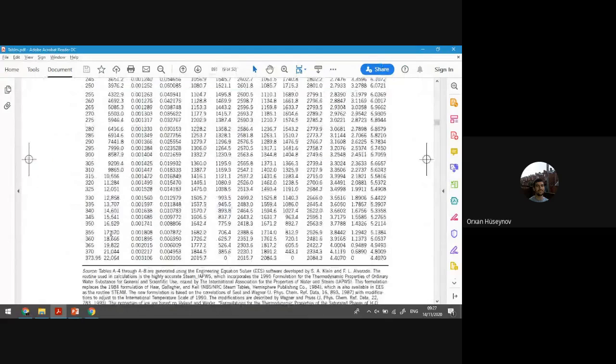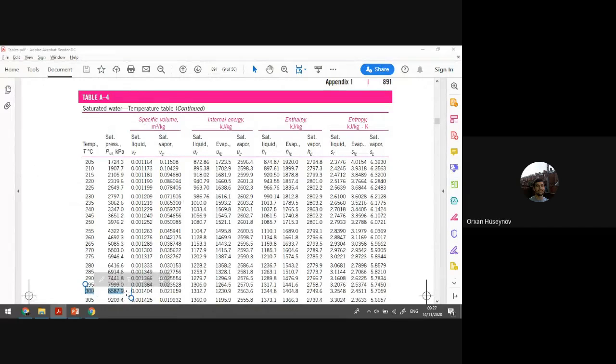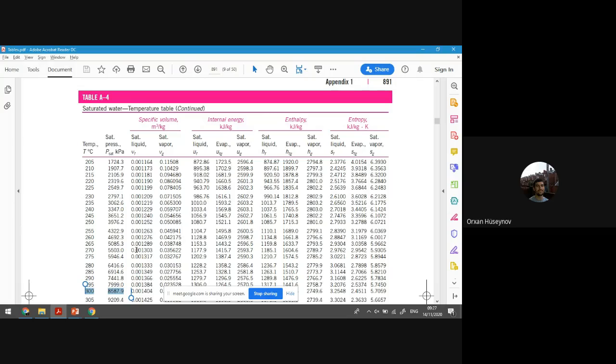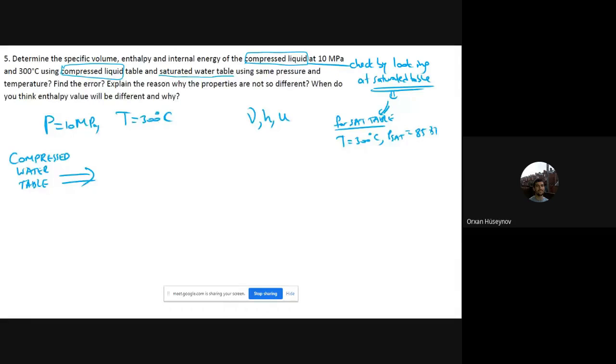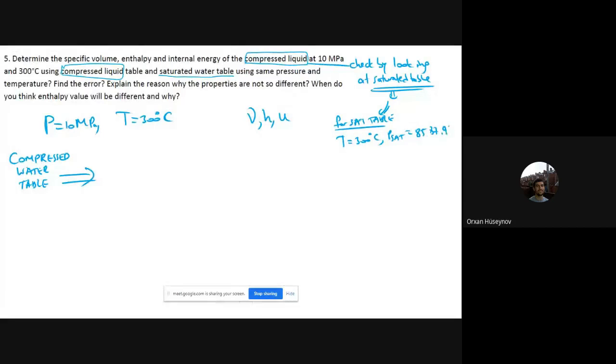For 300 degrees Celsius, you can see here the saturation pressure is 8587.9 kilopascals.